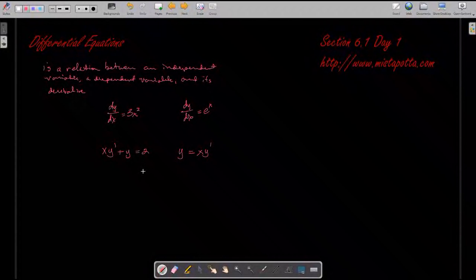For now, what you need to understand is that a differential equation is a relation, and we're going to be dealing with an independent variable, a dependent variable, and its derivative. And so we're going to be dealing mostly with differential equations like these top two examples. So that's the first thing that I want to talk about.